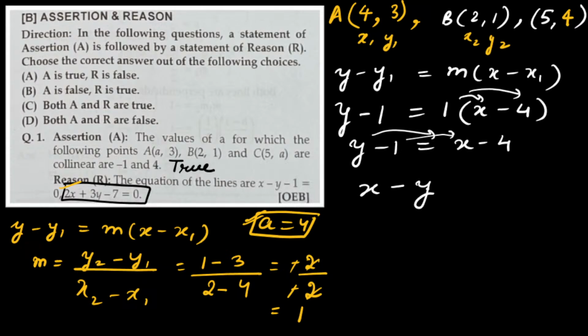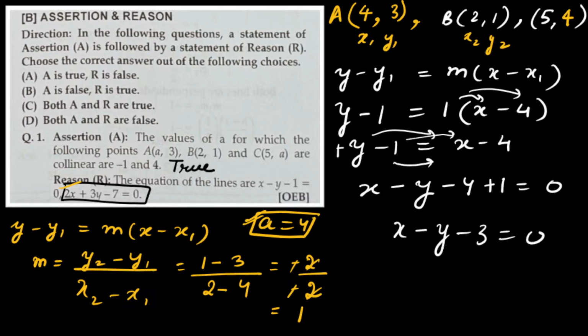Y, if I shift it, will become minus y, and minus 1 will become plus 1. So x minus y minus 4 plus 1, which is minus 3, is equal to 0. So x minus y minus 3 is equal to 0.